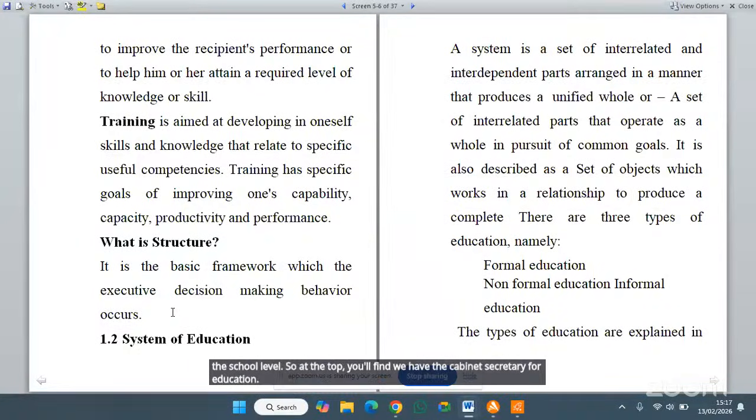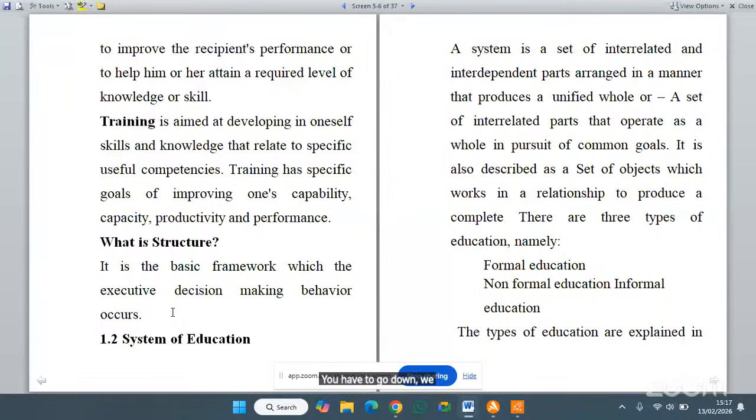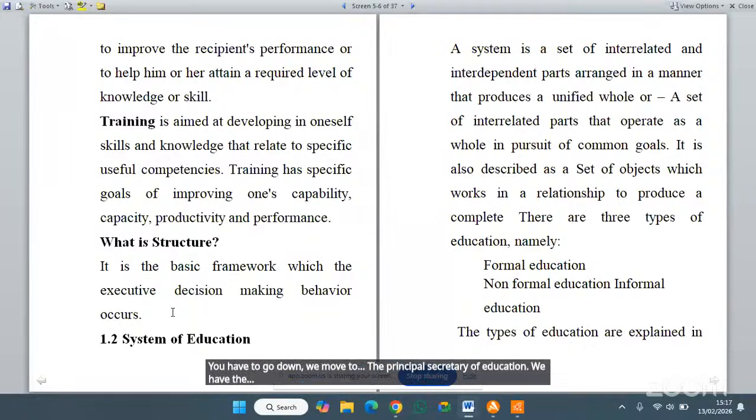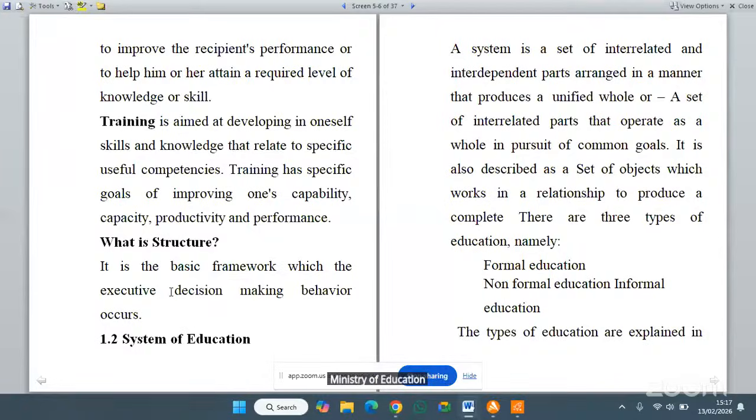You move down to the principal secretary of education. We have the different departments within the same Ministry of Education, led by the directors of education.